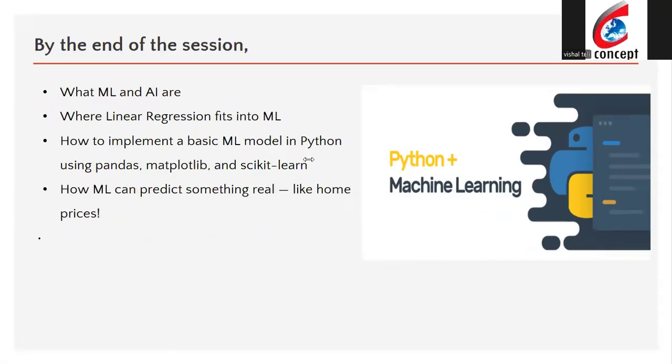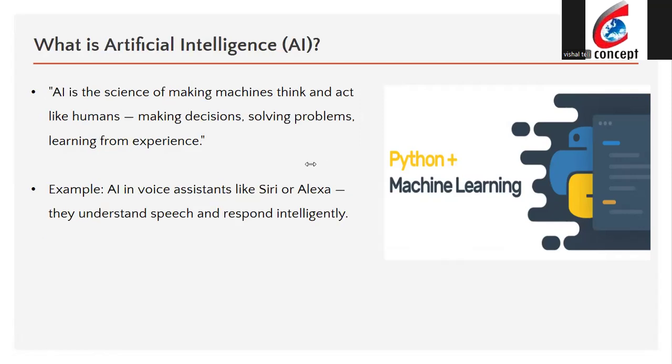By the end of the session, you will understand what machine learning and AI are, where linear regression fits into machine learning, how to implement a basic machine learning model in Python using Pandas, Matplotlib, and scikit-learn libraries, and how machine learning can predict something real, like home prices or student marks.